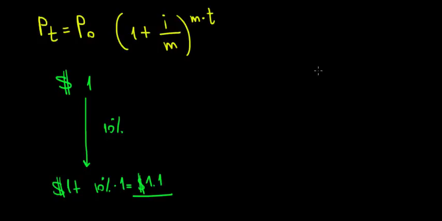But suppose now that we have this different example where we have $1 but we compound it 2 times a year. So instead of having 10% per year, we're compounding it in 2 pieces of 5%.